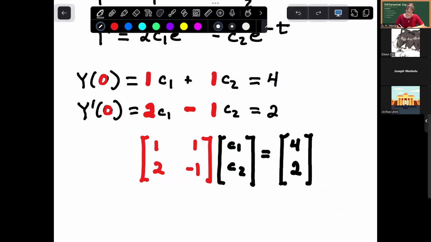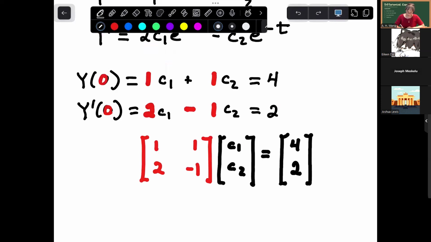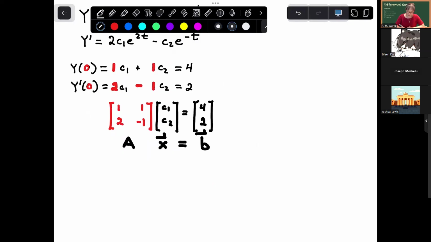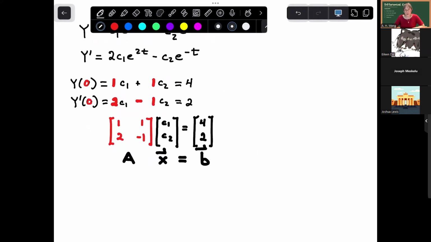Then you say this is matrix A, this is X, equal B. So this is AX equal B, okay? And this is the trick. Let me write it nicer. AX equal B. If your matrix A has an inverse, you left multiply.